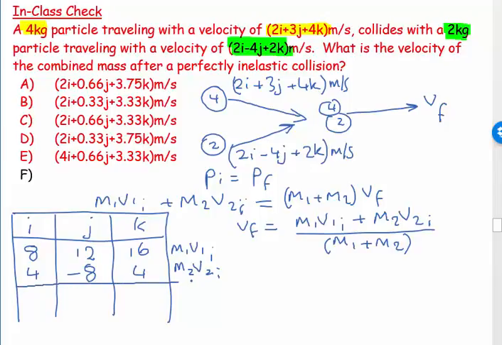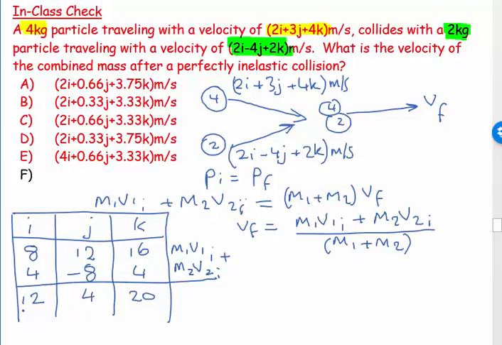Now, according to this expression, I need to add these two guys together. So 4 and 8 is 12, and 12 and minus 8 is 4, and 16 and 4 is 20. So that's the m1 v1 initial plus the m2 v2 initial. But if I want v final, I've got to divide that by m1 plus m2.